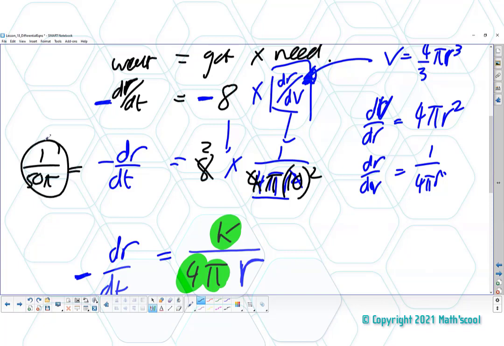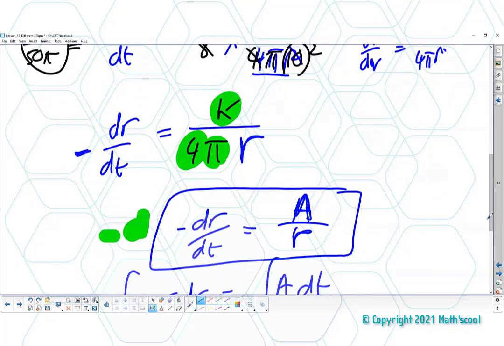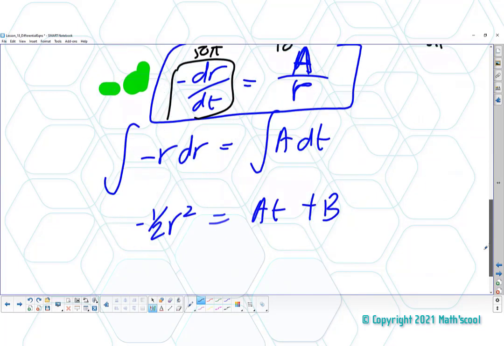So now I know minus dr by dt. I know that minus dr by dt is 1 over 50 pi when the radius is 10, equals a over the radius is 10. And so multiply by 10, and that gives me a equals 1 over 5 pi. And so I've already figured out what a is. A is 1 over 5 pi.